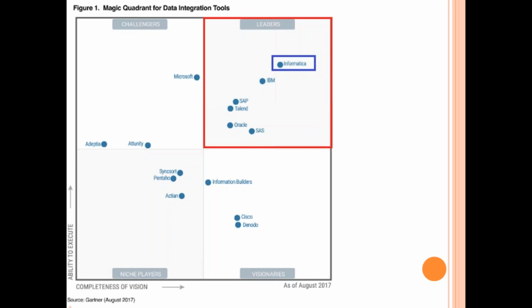Here is a chart given for ETL tools. If you see, Informatica is positioned as a topper in the area of leaders. Based on this, we can say that Informatica is consistently performing very well in the market.